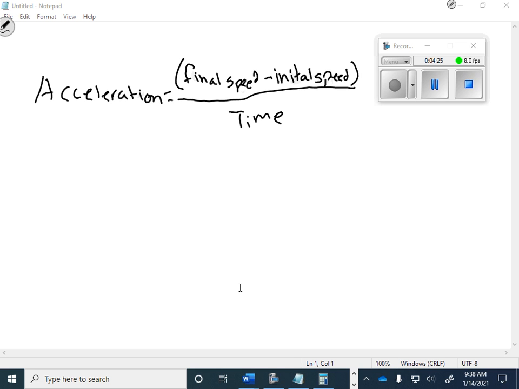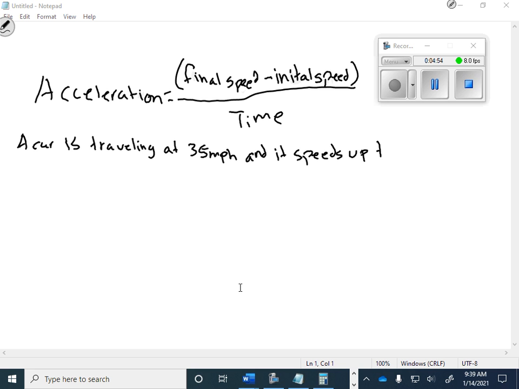All right, so let's say we have a car that is traveling at 35 miles per hour, and it speeds up to 60 miles per hour in 3 seconds. And we want to know what its acceleration was.